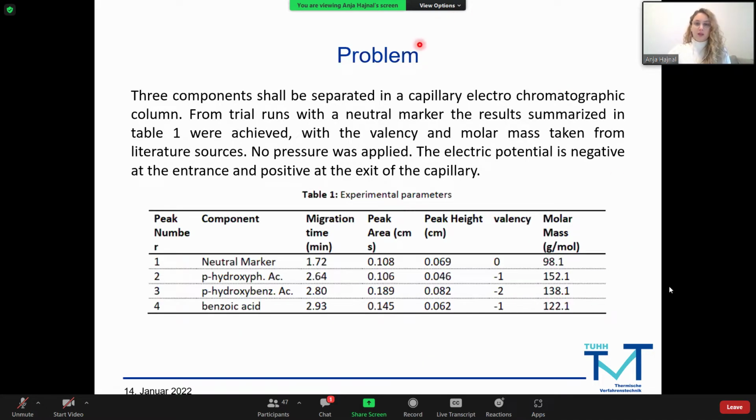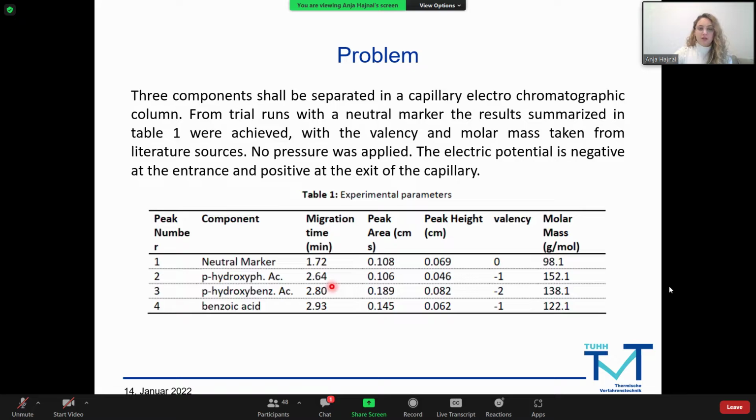All right. So now that we've gone over some basics, let's see how our problem looks. Today we have three different components in our system, which are p-hydroxyphenolic acid, p-hydroxybenzoic acid, and benzoic acid.